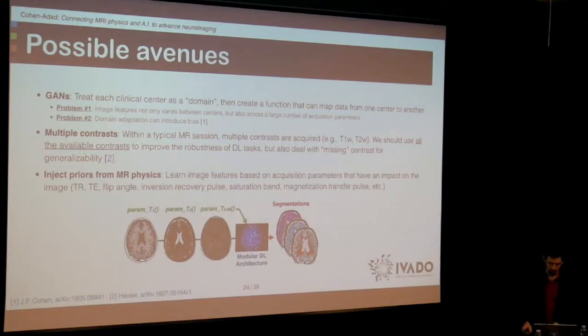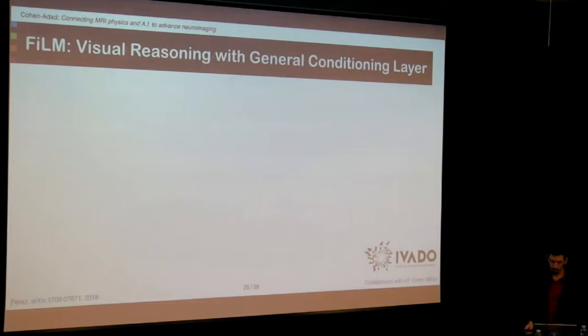How do we do that? So that's an ongoing project that is supported by IVADO and in collaboration with the Mila. One approach that we've started to explore is FiLM, which basically stands for Feature-wise Linear Modulation, the visual reasoning with a general conditioning layer.